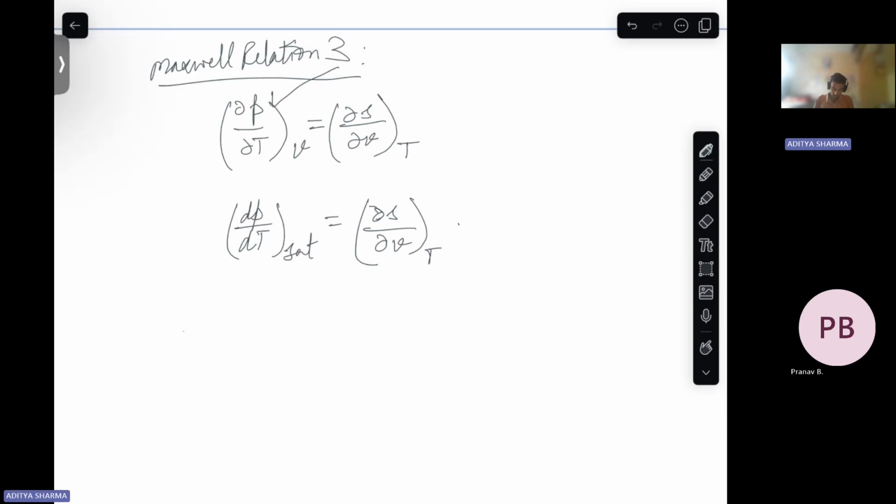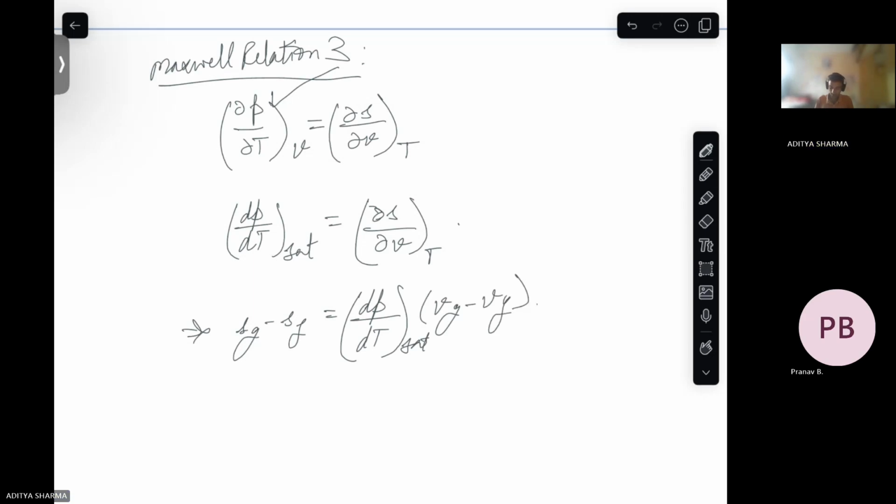And now we can find this change in the specific entropy from here, just by cross multiplication of the above relation. So this becomes sg minus sf equals (dP/dT) times (vg minus vf).